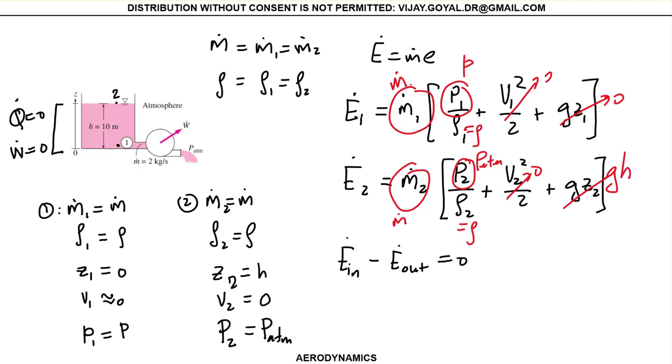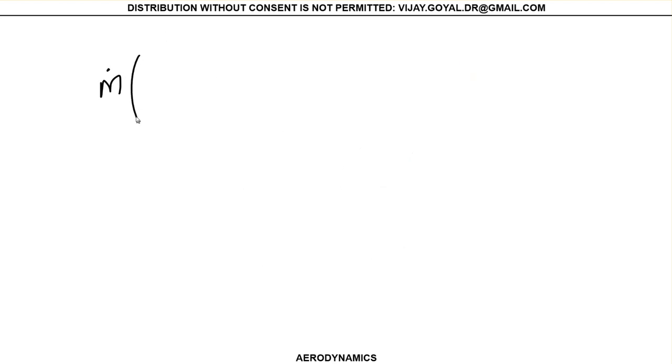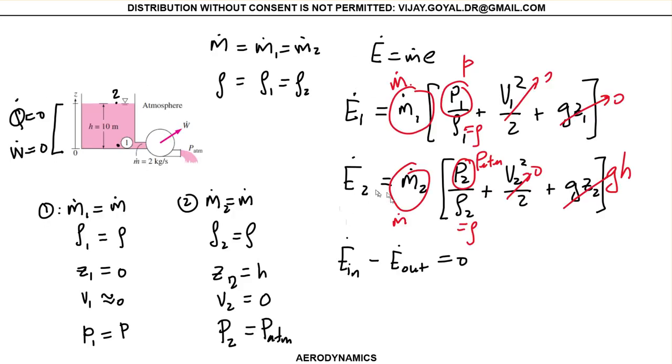So if I put it all together now, let's go to the next page. You see that you get m dot, and all these are 0. So basically we have m dot P over rho, everything else is 0, minus the second term. What goes out is m dot, and then this is 0, and this is gh, and this is P atmosphere.